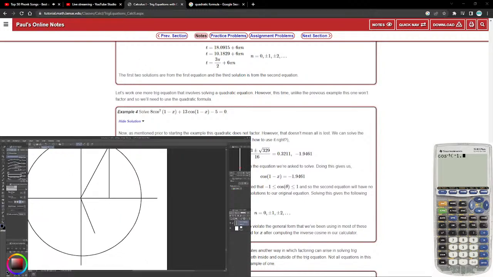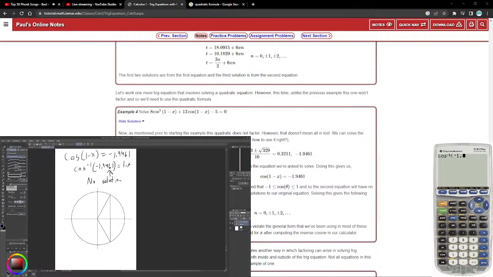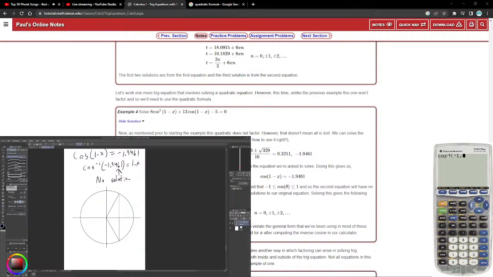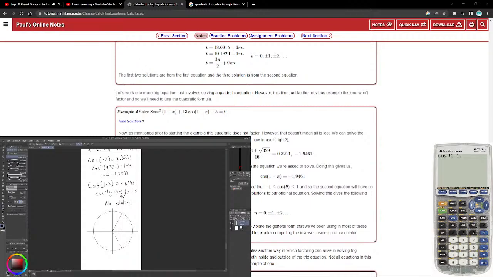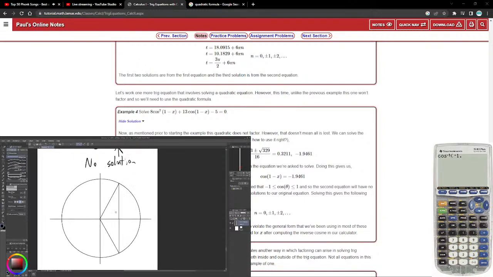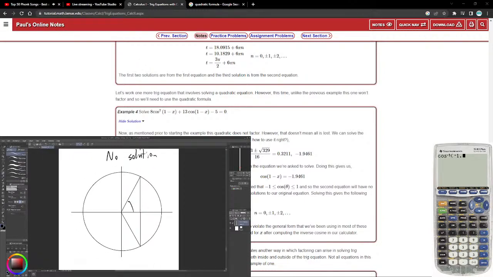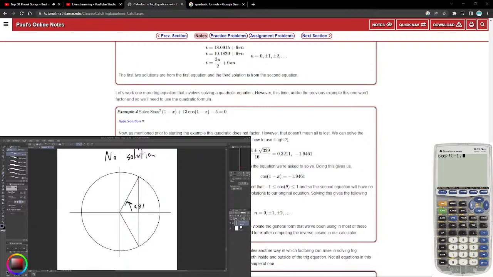Okay, so positive down here. Let's see. 0.3211.